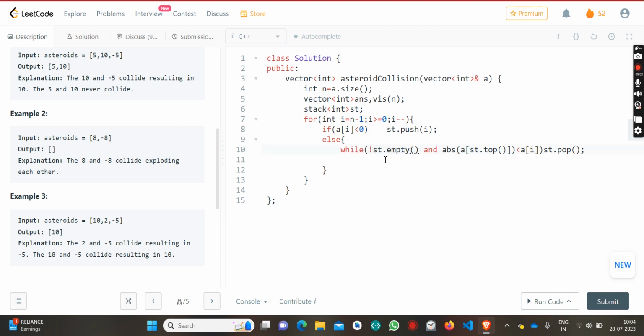If that is the case, obviously this asteroid would remain safe. So I would just have to consider the case when the stack is not empty. Okay, if not st.empty().